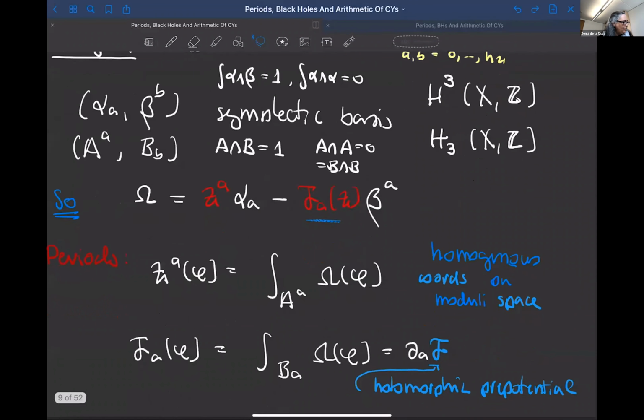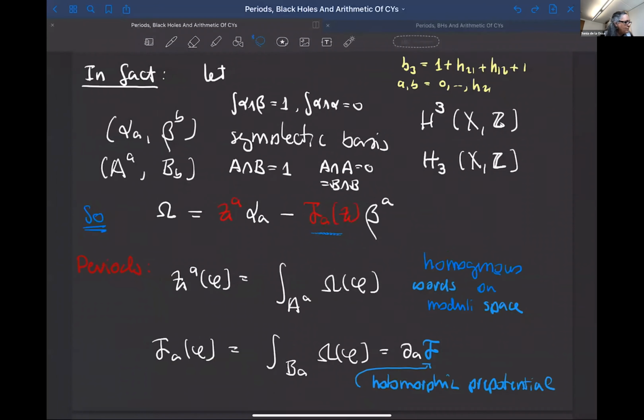So what we call the periods of the holomorphic (3,0) form are the integrals over the homology basis of omega, right? If you integrate omega over the A's, you get a Z, and if you integrate over the B's, you get one of these coefficients here.